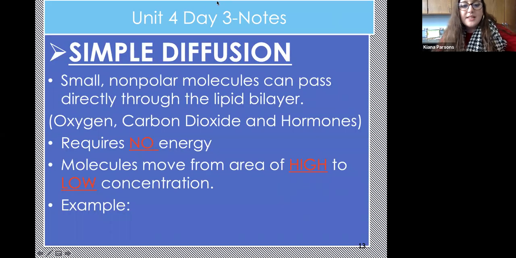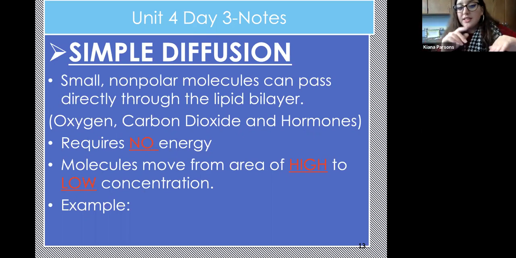All right, so Unit 4, Day 3 notes, simple diffusion. Simple diffusion, so basic diffusion, involves small nonpolar molecules like carbon dioxide or oxygen that can pass directly through the lipid bilayer: oxygen, carbon dioxide, and some hormones. Simple diffusion requires no energy.